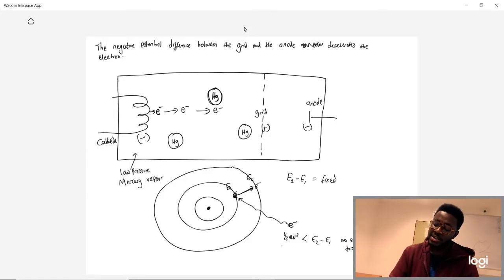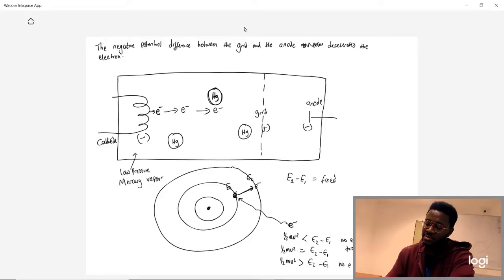So the energy of the electron must be exactly equal to the energy that you need for you to have energy transfer. If it's greater, there will also be no energy transfer. But we don't see that scenario. We're going to explain why. Okay, you understand, right? Okay.